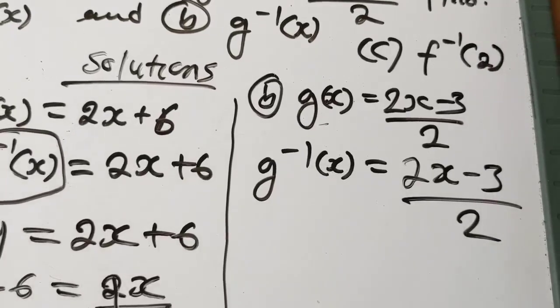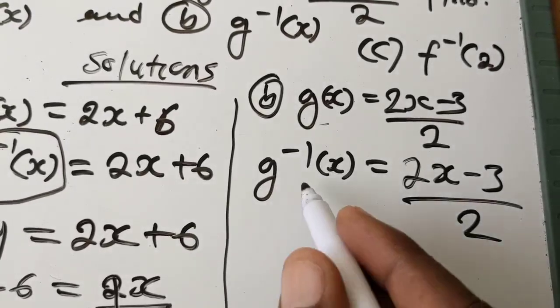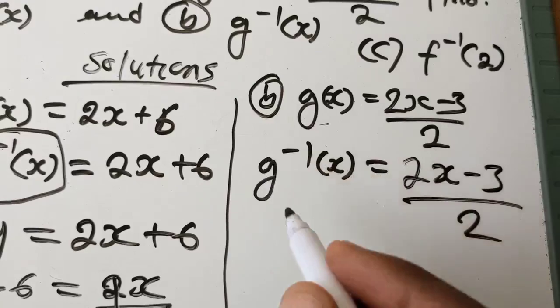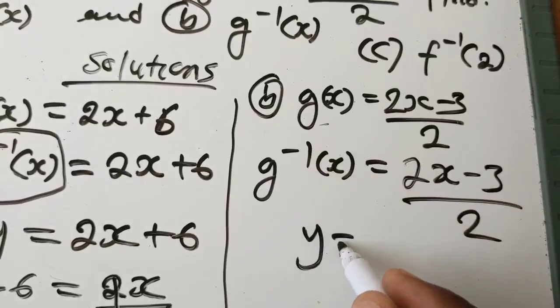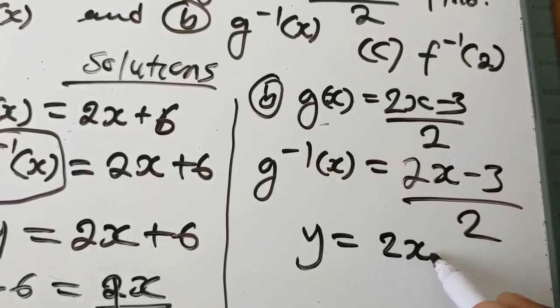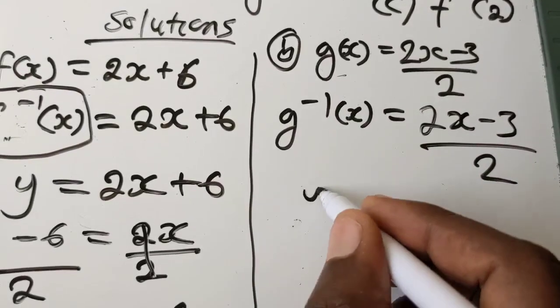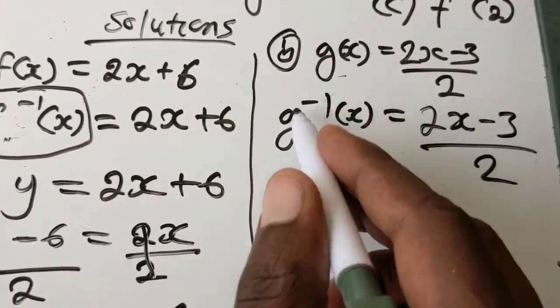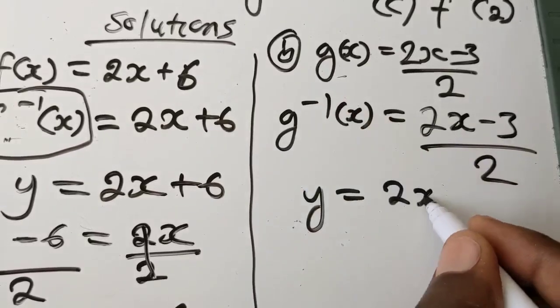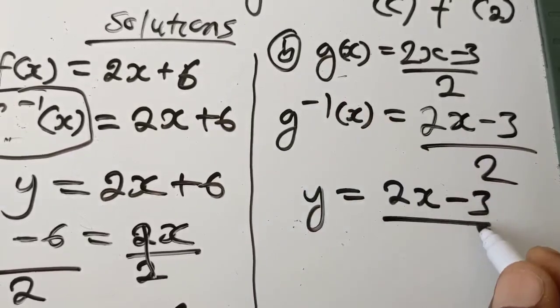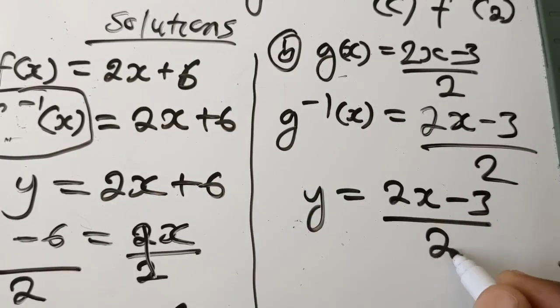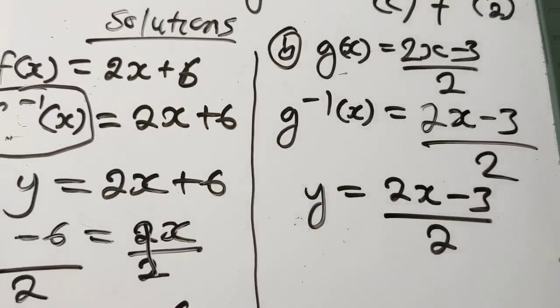Now the next thing that we have to do is replace this by y. Let me just write it down from here. So it is going to be y is equal to 2x minus 3 divided by 2. Okay, so that is what to do.